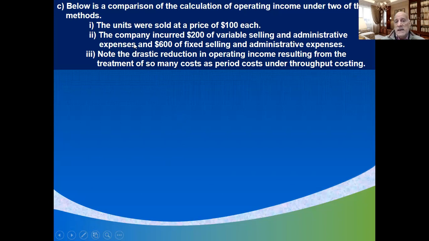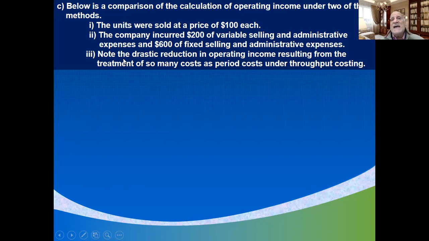Assume the units were sold at a price of $100 each, and the company incurred $200 of variable selling and administrative expenses, and 600 of fixed selling and administrative expenses.